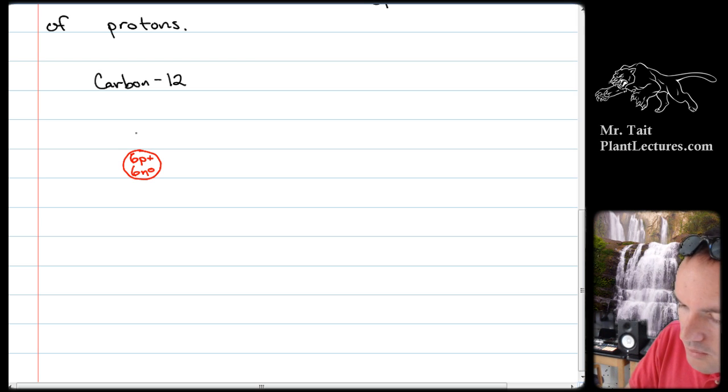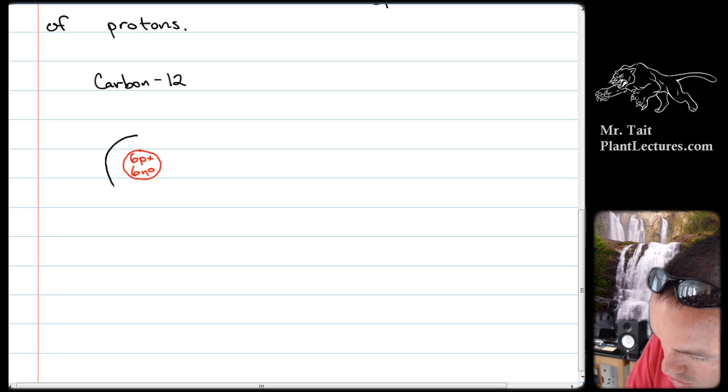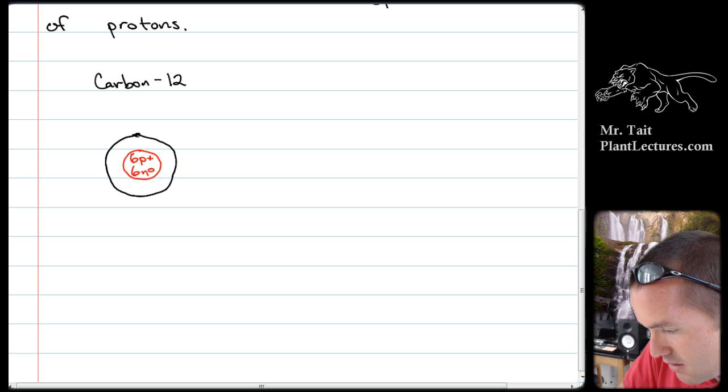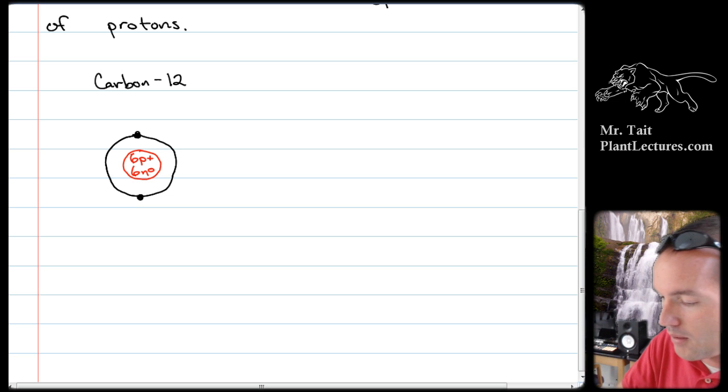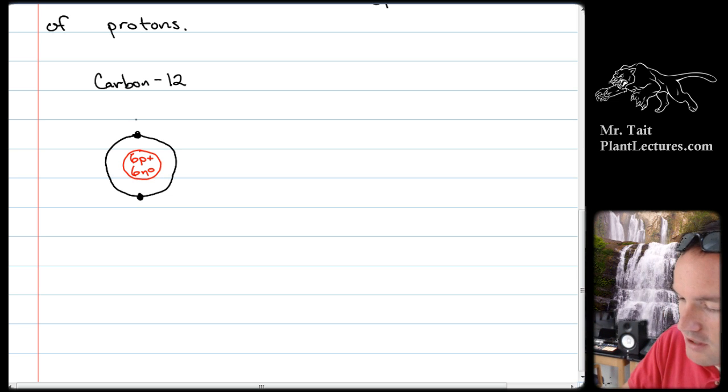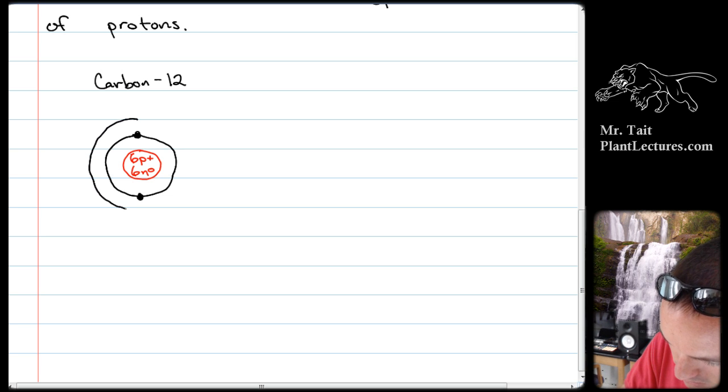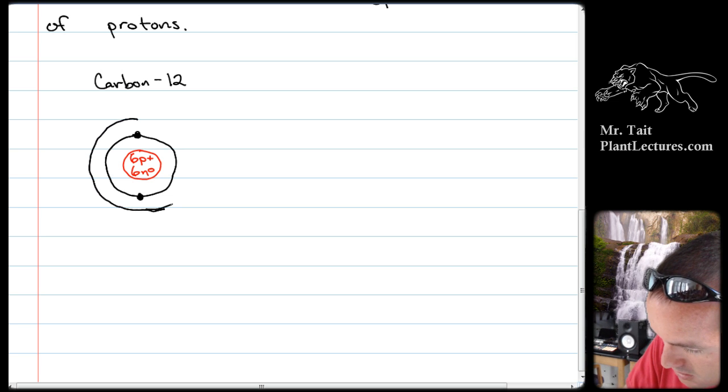Okay, then we have some electrons, and we're going to draw the Bohr's model of the atom, if you remember that from chemistry. That's going to be the one that shows the orbitals around here. So there's 2 electrons in the first orbital. You might remember from chemistry that is the 1s2 electron configuration.